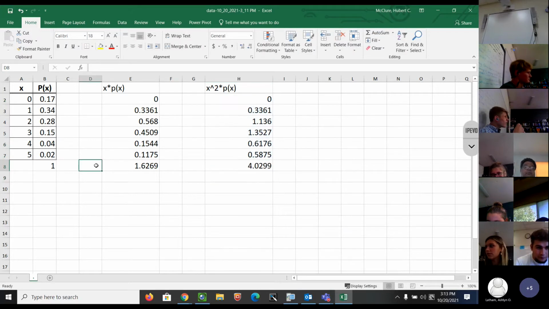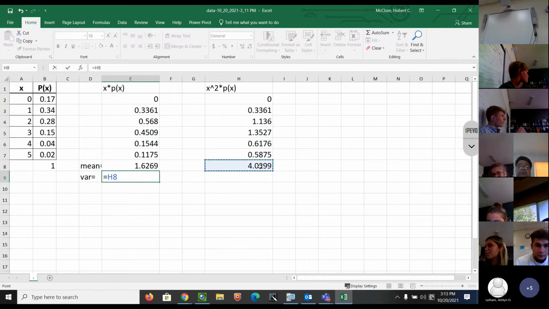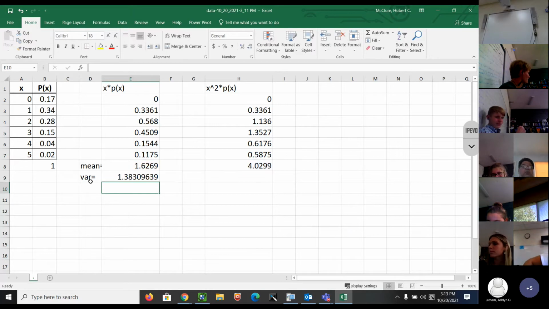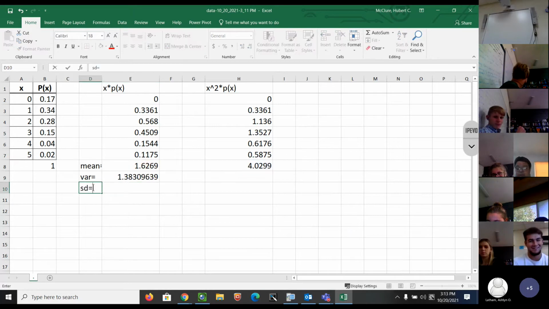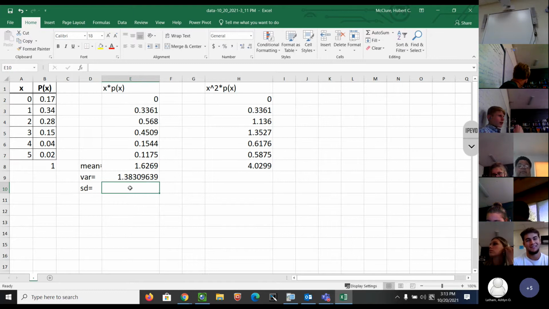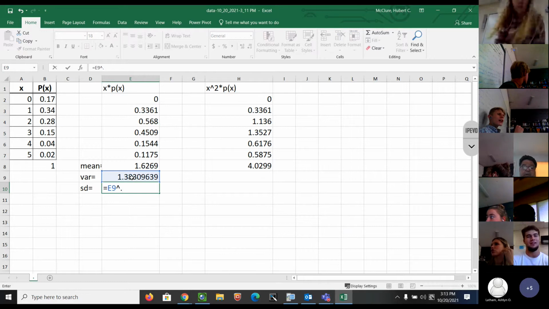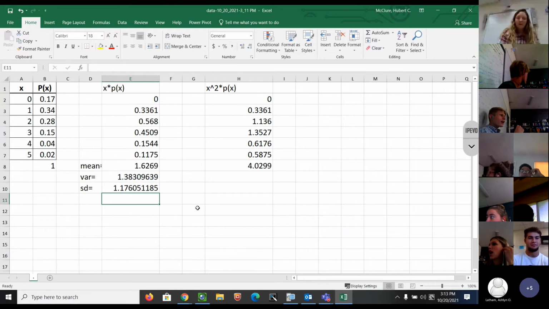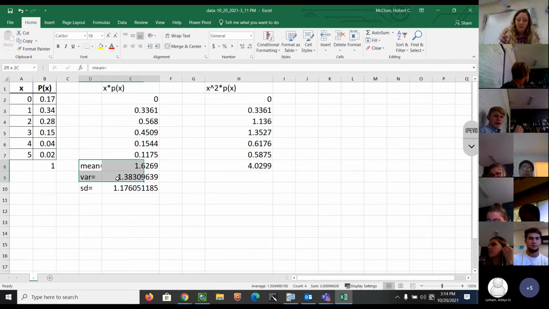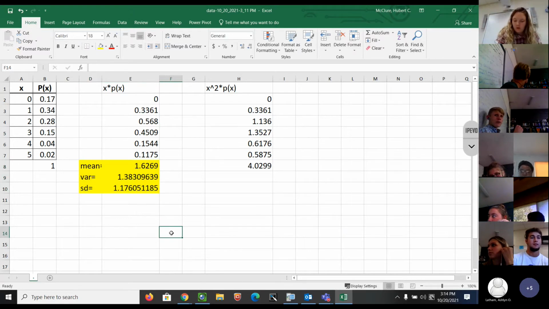And the variance, that's the mean right here. Variance is going to be equal to this guy minus this guy squared. And then this guy, standard deviation, is going to be equal to the square root of the variance raised to 0.5 power. All right, so somebody write down those 3 numbers. I'm going to write them down too because I'm not going to try to remember them.